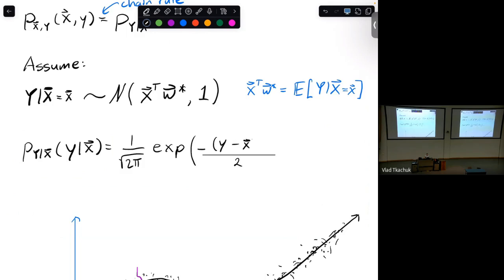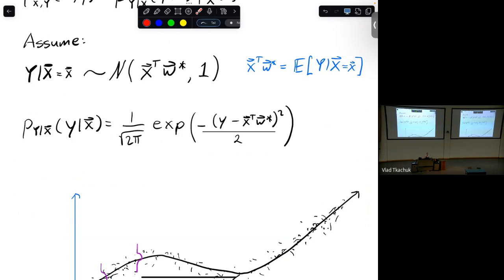We know the mean is now x transpose w star, squared. And then it's 2 times sigma squared usually, but sigma squared is 1, which is that variance that we have chosen to be 1 here. You can do all this in more generality and get the equations for sigma and make choices for that. But for the purpose of this, we're going to make this simplifying assumption, and we'll see what we get because it's interesting.